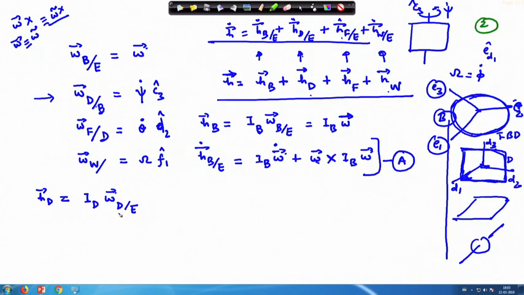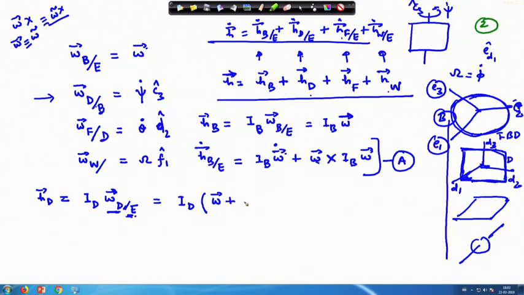Here I am writing omega d slash E, meaning the angular velocity of the frame D with respect to frame E, which is an inertial frame. So, this can be written as I d, then the angular velocity of the main body, because it is embedded in this main body.